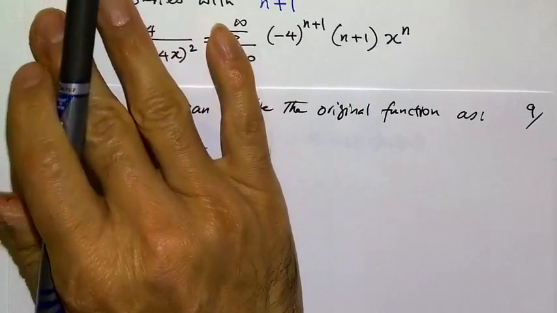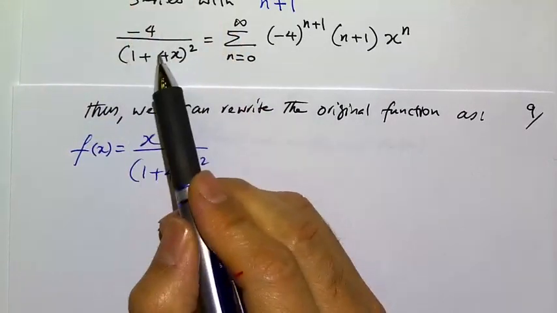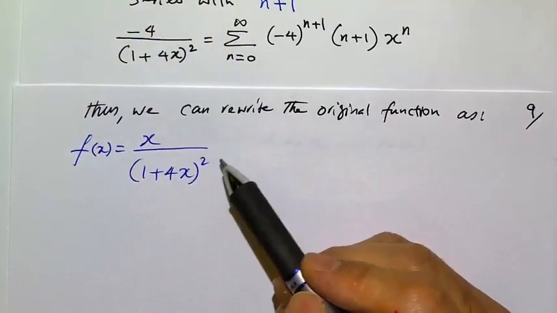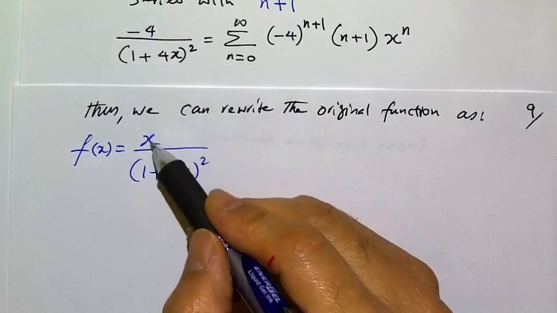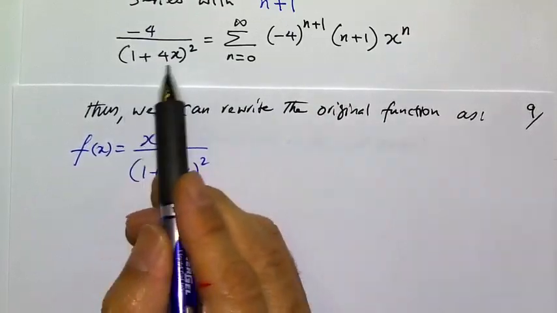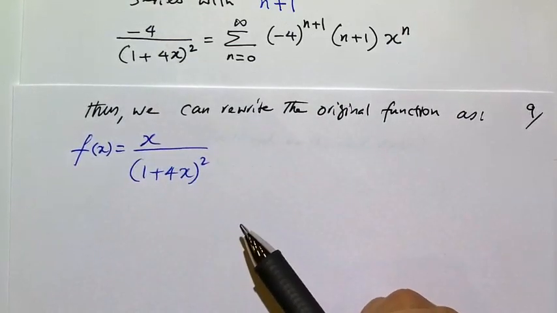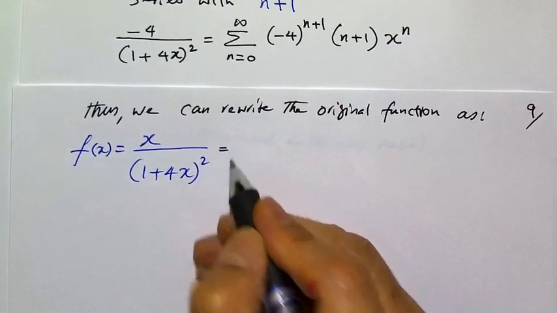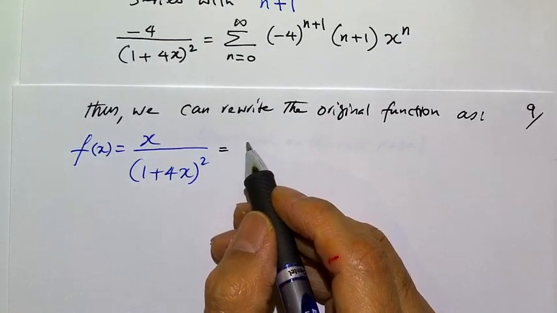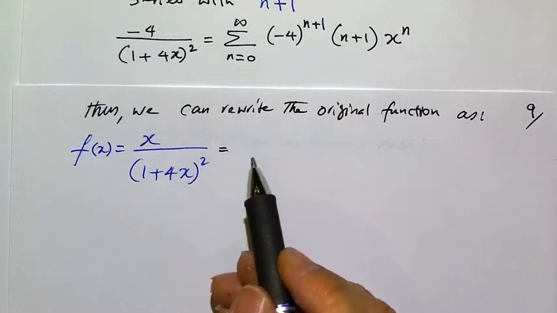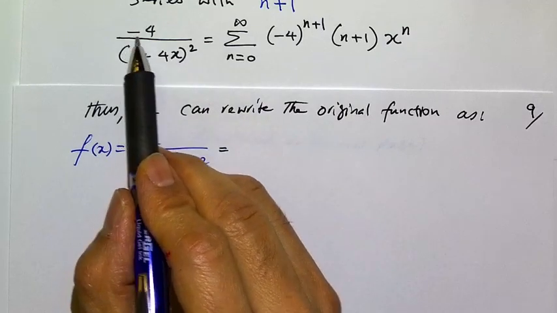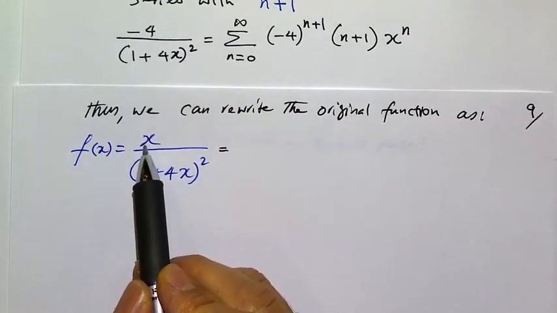So we need to multiply this side by something that would give us x over that. The denominators are the same, but the numerators are different. We want positive x in the numerator.